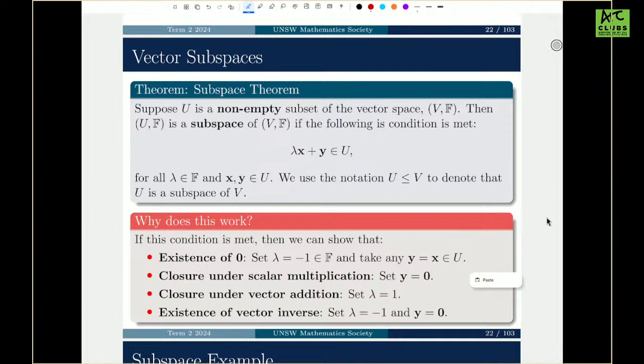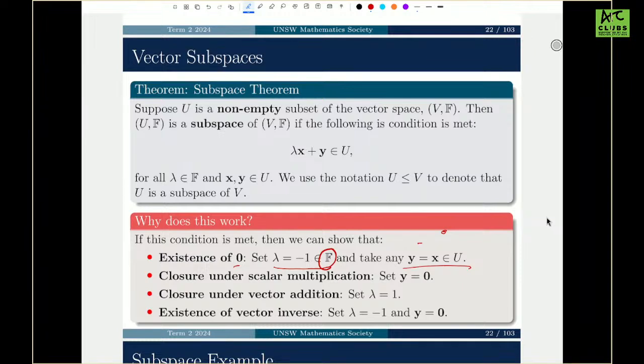Okay, so for the existence of the vector 0, we can just set lambda equals -1, which is always going to be in our field, and then take any y and x that are equal in U. And we know that U has to contain something because it's non-empty.